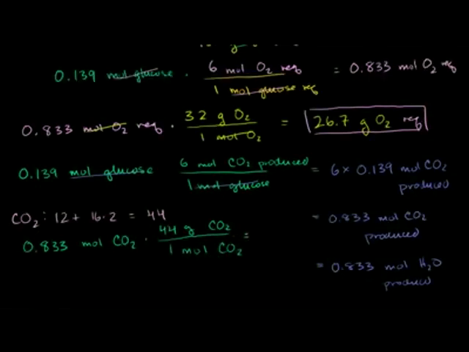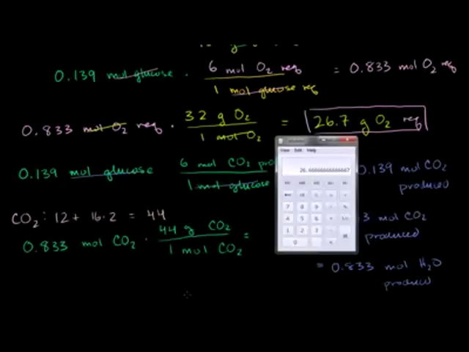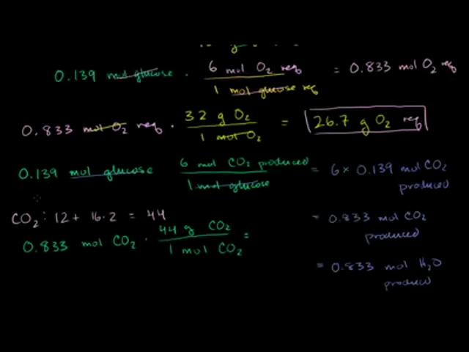So this is going to be 44 times 0.833. 0.833 times 44 is equal to, let's just say, 36.7 grams of CO2 are going to be produced. And then we're almost done.